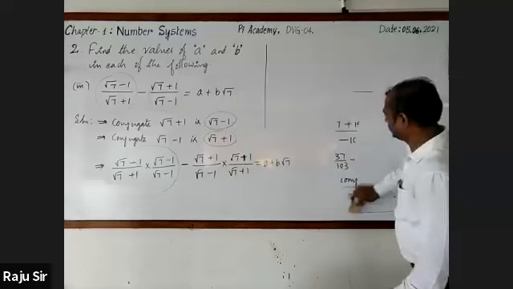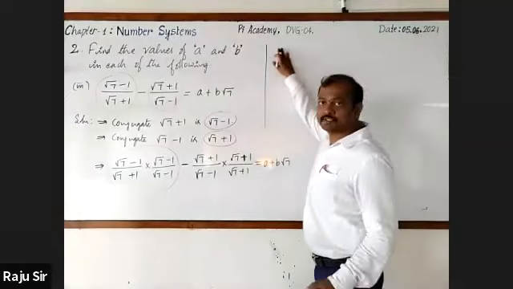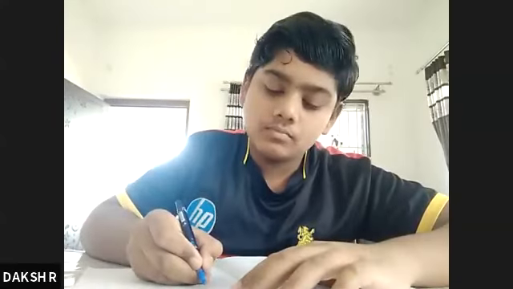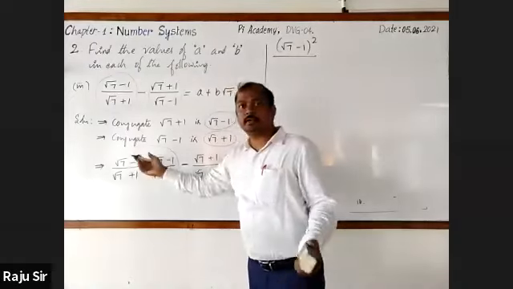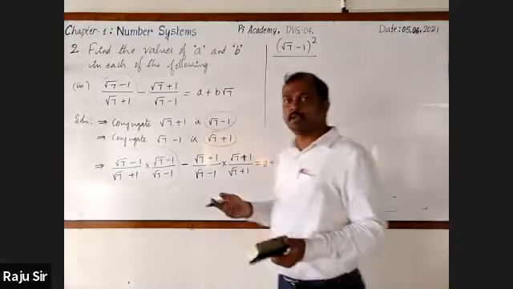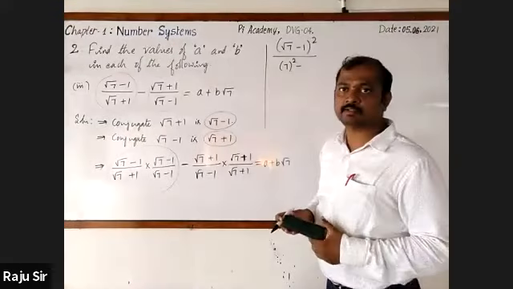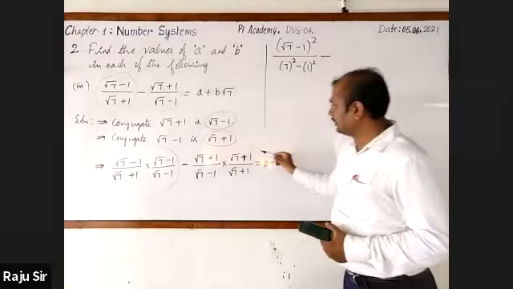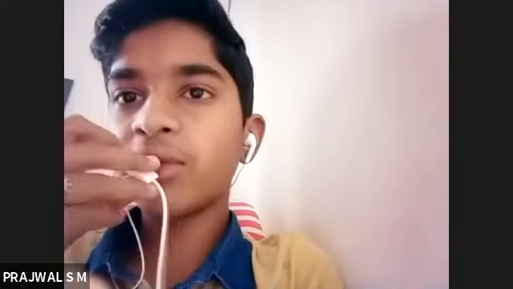Now root 7 minus 1 whole square by the denominator, which is already in the form A plus B into A minus B, that is A square minus B square, that is root 7 square minus 1 square.